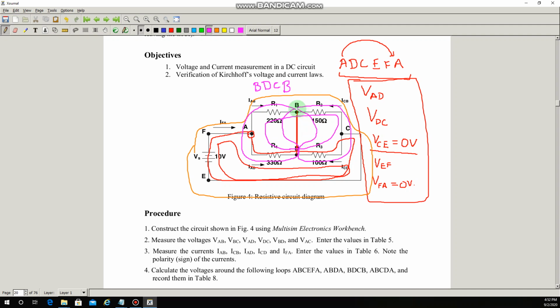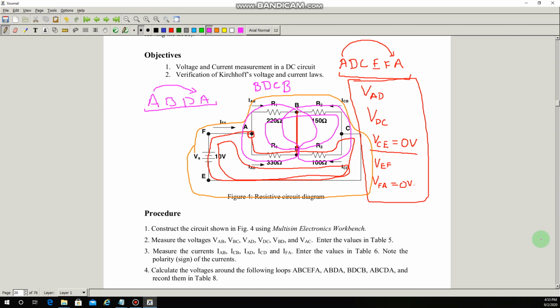So in effect, by BDCB we have added the voltages around this loop. Okay, let us keep it simple. In short, if I have any situation like this, for example A, B, D, A, we have started from A and stopped at A, so KVL can also be verified in this path or loop.